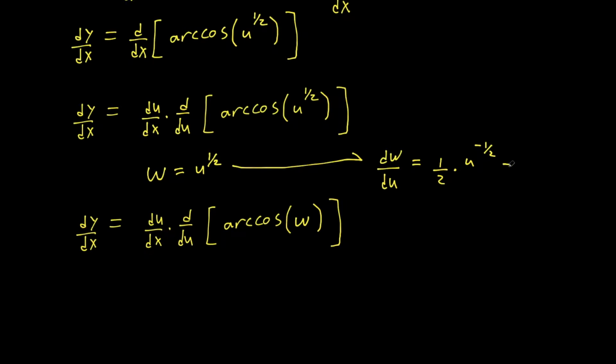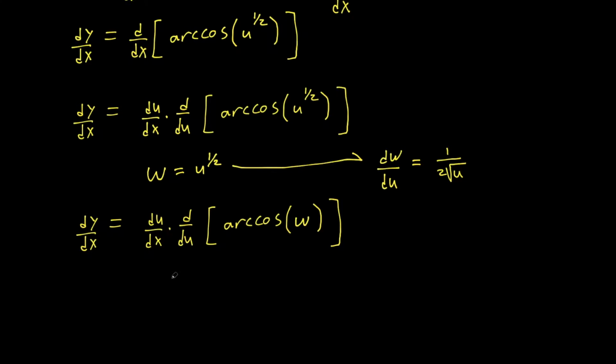So we can rewrite that as 1 over 2 times the square root of u. So dw du equals 1 over 2 times the square root of u.